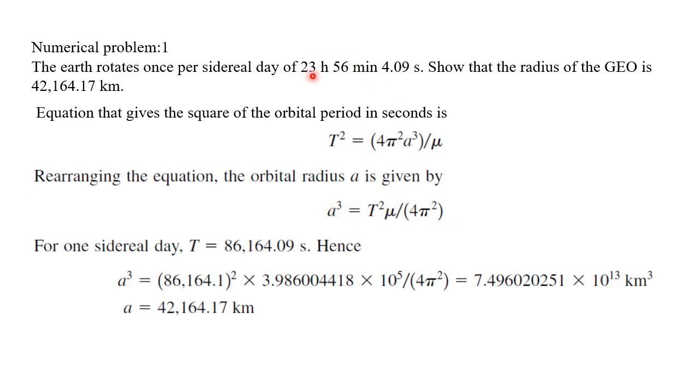We can calculate the time in seconds from this given time, it is nearly 86,164.09 seconds. So just put those values. Mu has a standard value. If you calculate, you will see that a is nearly equal to 42,000 kilometers. It's a very simple problem.